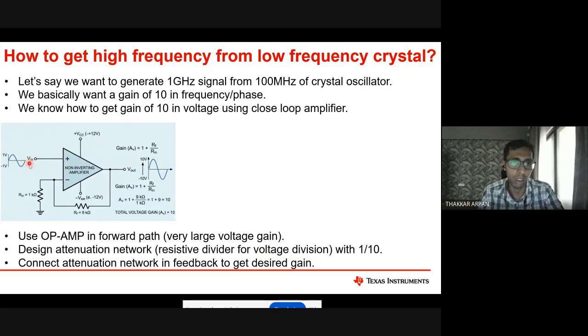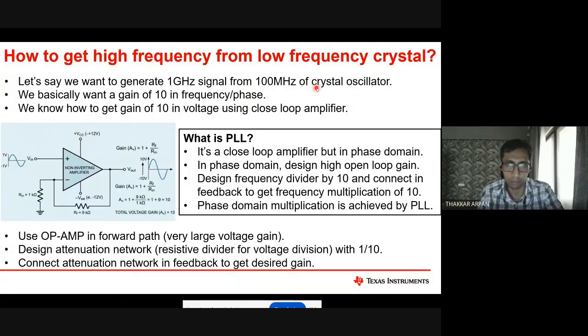You want, let's say, 1 volt to 10 volt, a voltage gain of 10. So instead of putting gain, you put the attenuator in the feedback path, and that essentially gives you the gain. The same principle we can apply for frequency generation as well.